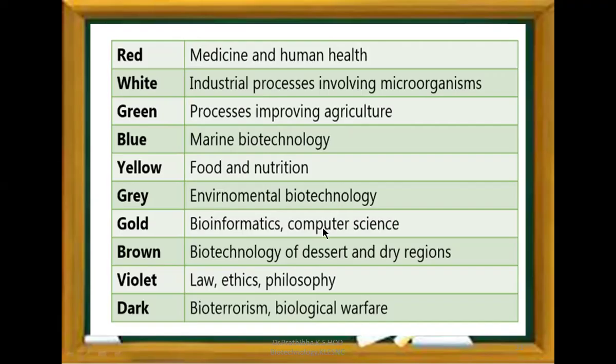The applications are analyzing and interpreting large biological data sets like DNA and protein sequences, genomics and proteomics, and developing computational tools for drug discovery, gene mapping, and understanding biological systems. It comes under this particular gold biotechnology, that is bioinformatics.